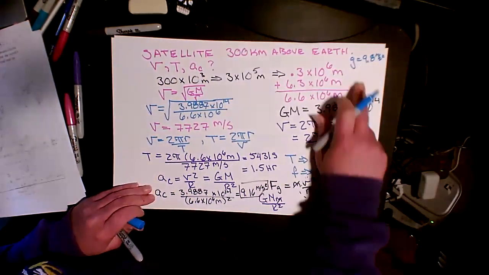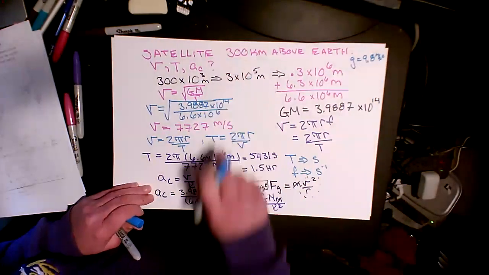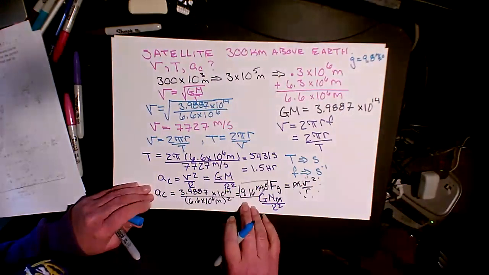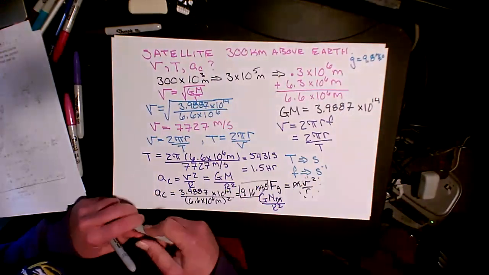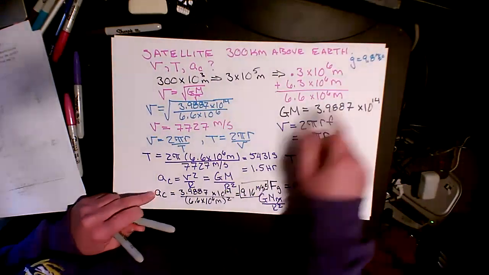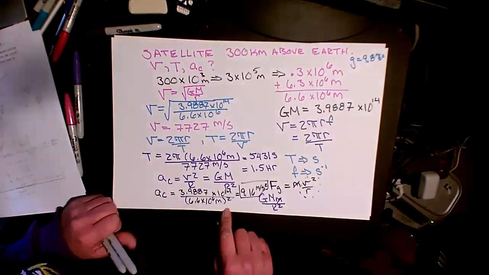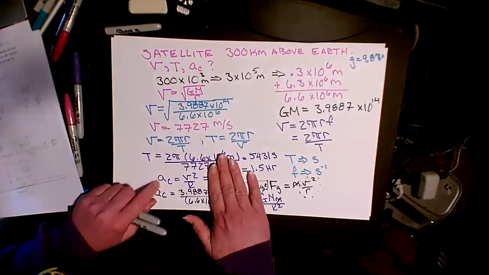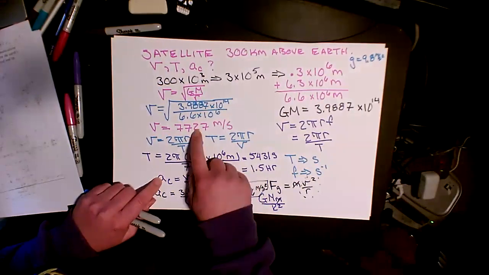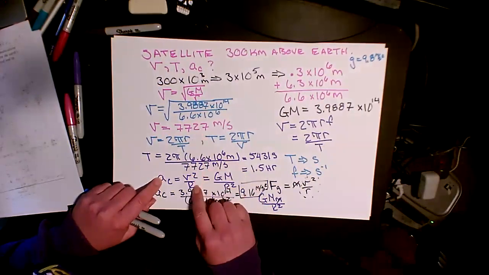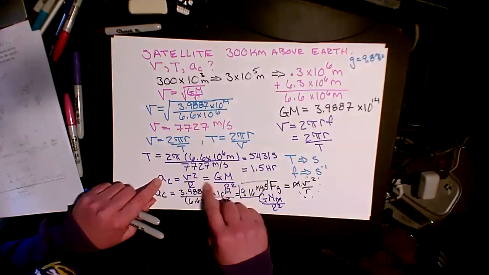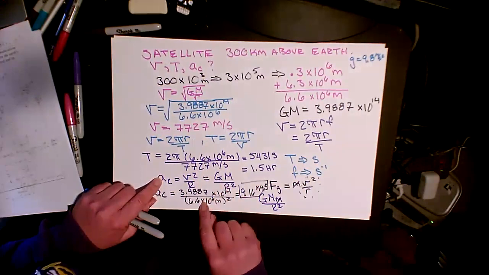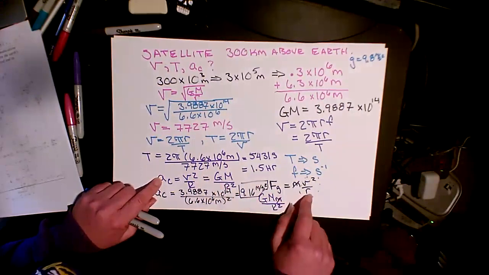So that tells me this satellite is way too low to even be considering this for that, because this should be a lot smaller than it was. Now the other shortcut I could have done is just jump right here. If I want this, I can put in the v that I solved for here and divide by r. I get exactly the same answer. So both are fine. This is a bit of the longer route, just giving you where those parts and pieces came from.